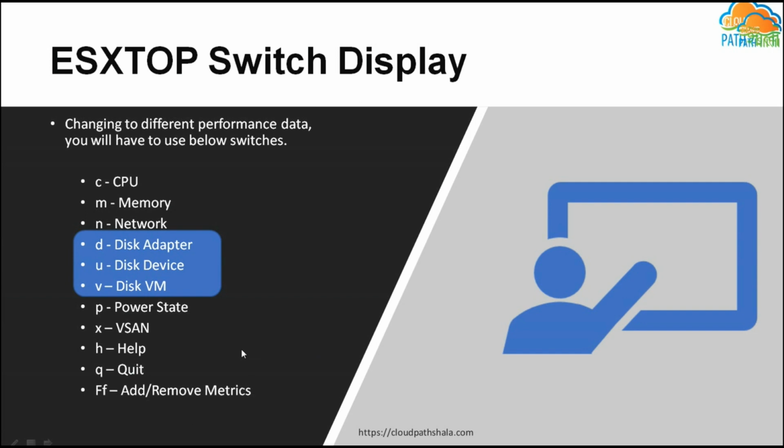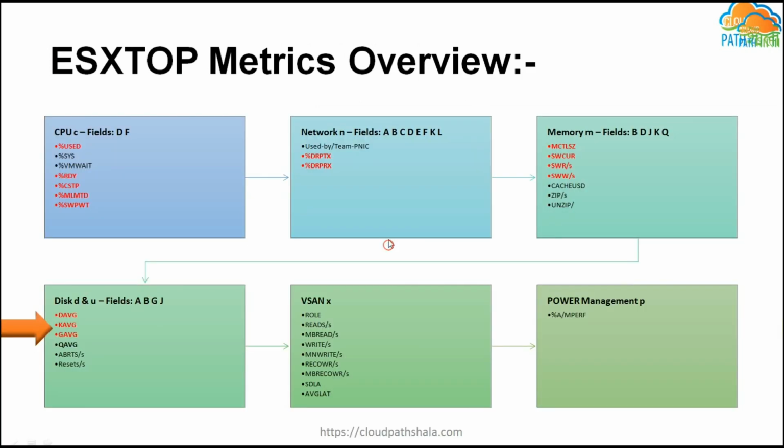In this session, we'll be covering the disk adapter, which is D. U is for disk devices, those are called LUNs. That's what we're going to cover. V, which is for the disk VM, we'll cover in the next session. Here I want to show you the ESXTOP metrics overview.